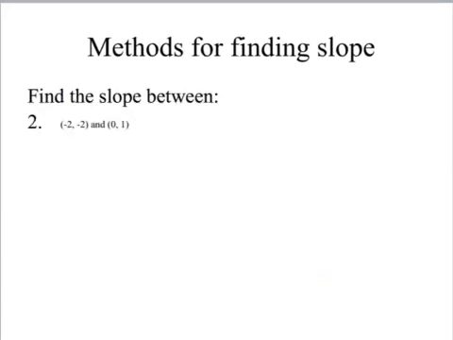All right, find the slope between -2, -2, and 0, 1. So this is an excellent example of one where I would want my x1, y1 to go first because of those negatives, and then my x2, y2 to go second. So I'm going to go ahead and use the formula where it's y1 minus y2 over x1 minus x2.